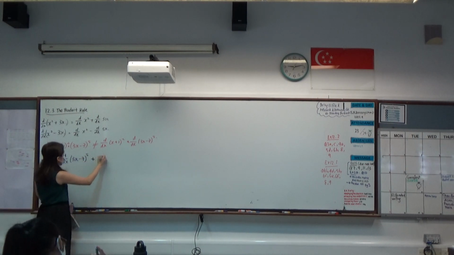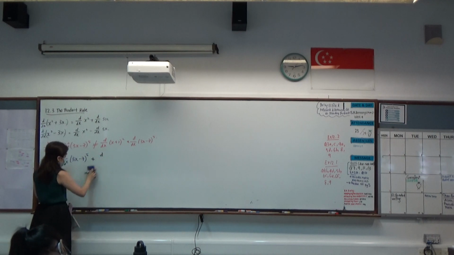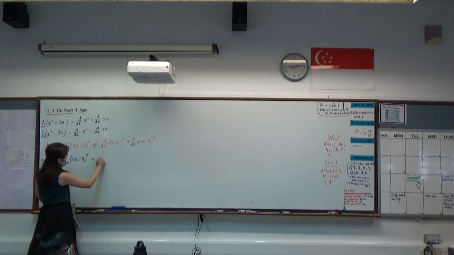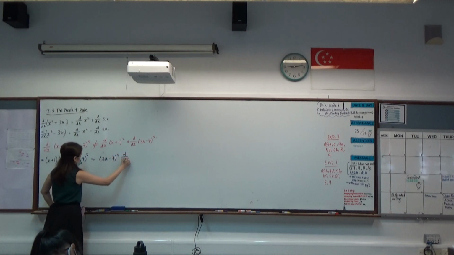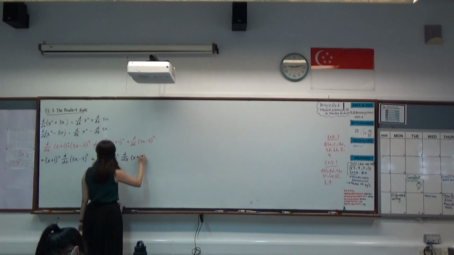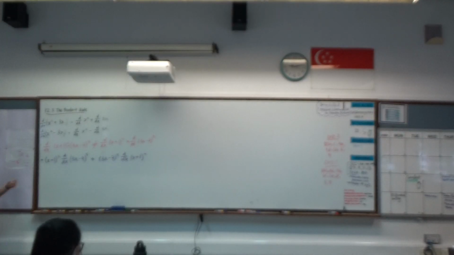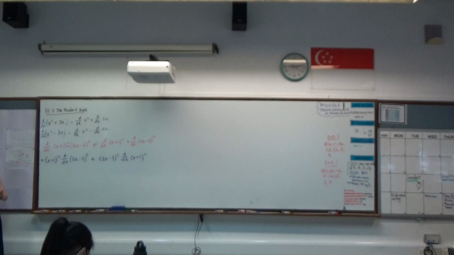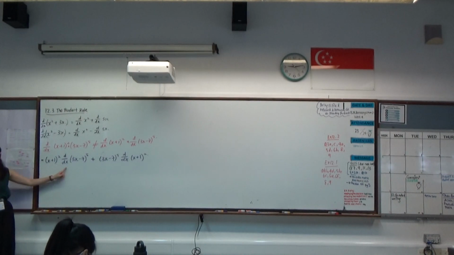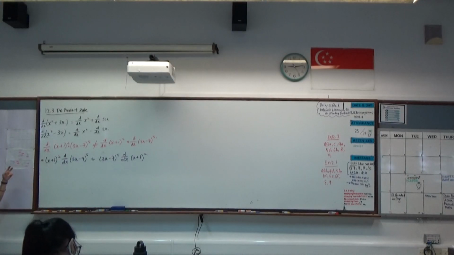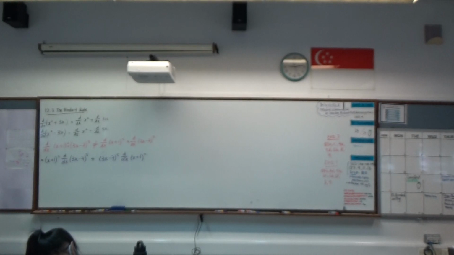Followed by I plus, keep the right side, differentiate the left side. So it is a sum that we're looking at. Keep left, differentiate right, keep right, differentiate left. So that will be how you will remember it.